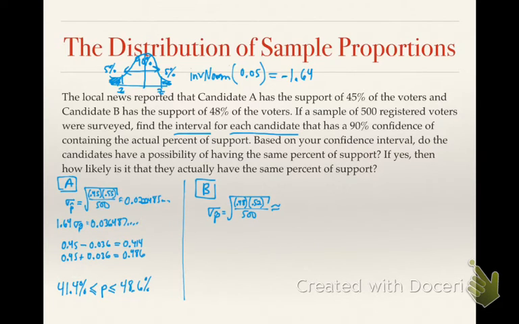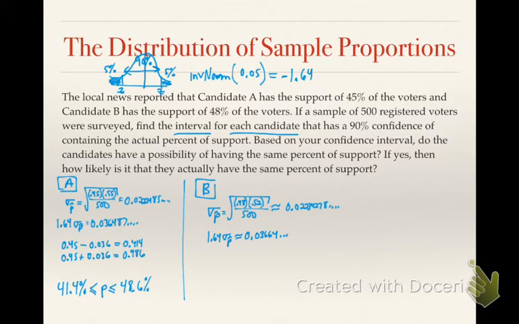Calculating that out, we get what I had before, 0.0223428 and so forth. And again, I want to find 1.64 deviations away from the sample proportion. If I multiply that by 1.64, I get what I got before, 0.0366 and so forth.